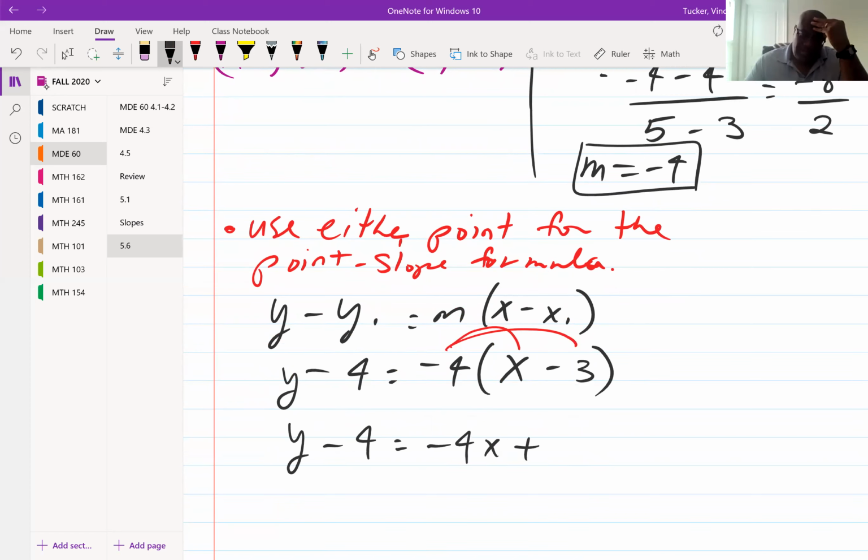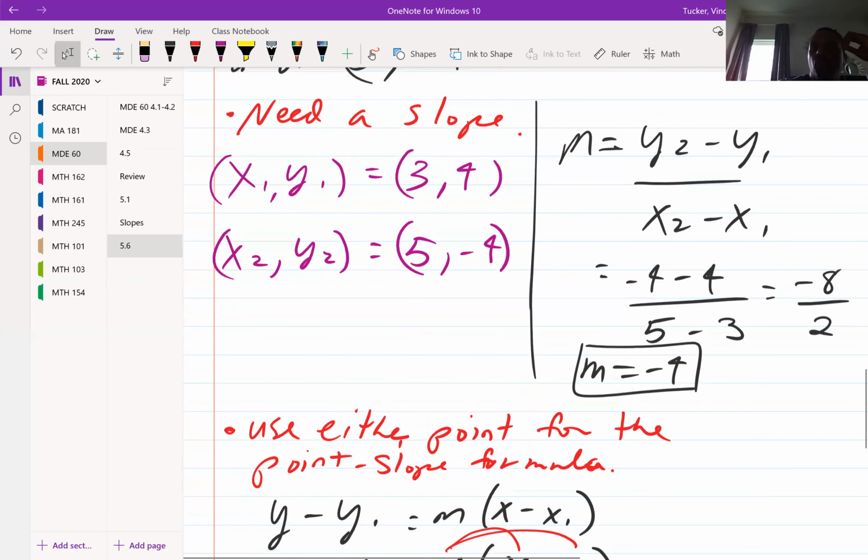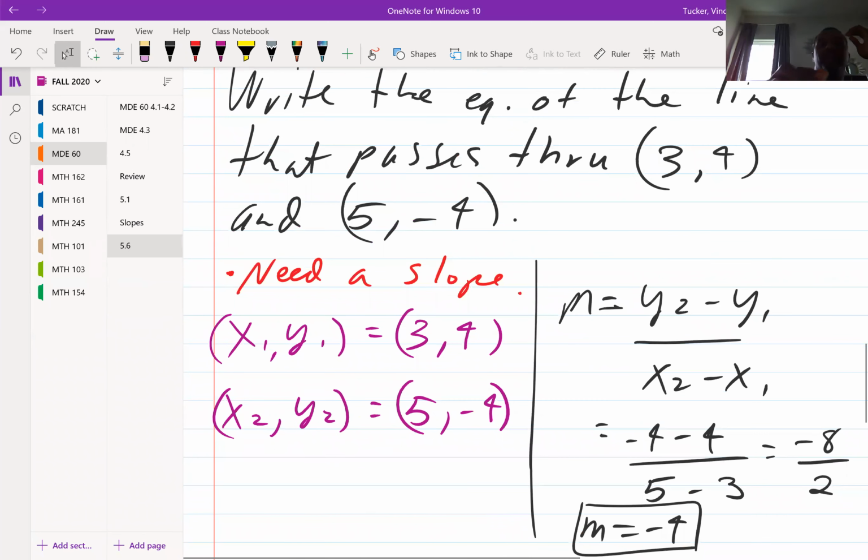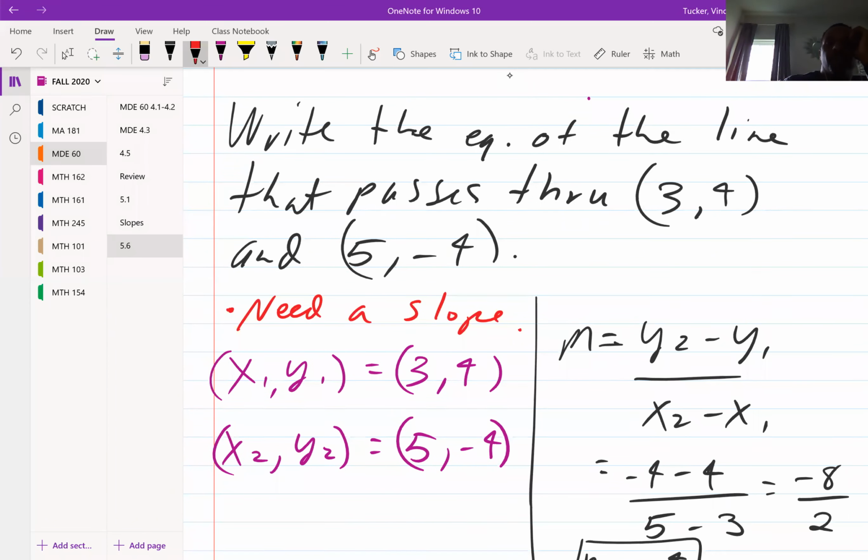Professor, I want to make sure I got this. Basically, the concept that you're teaching now is trying to figure out what formula to use to get something that's missing. Well, basically the first thing you want to recognize is that we're trying to write the equation that fits the description the problem is giving us.